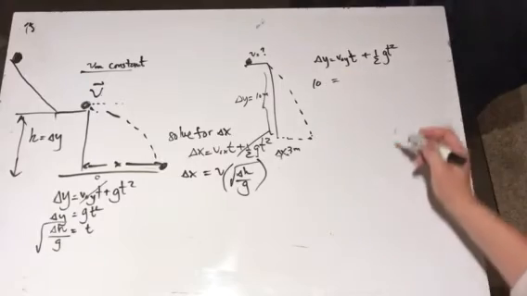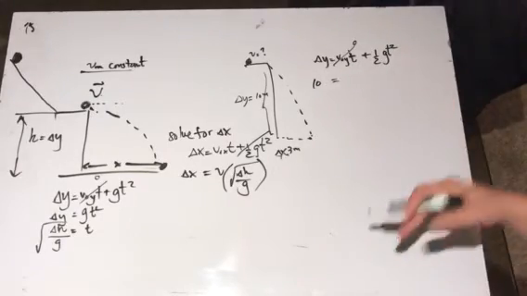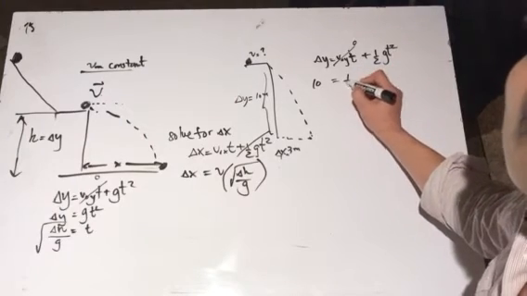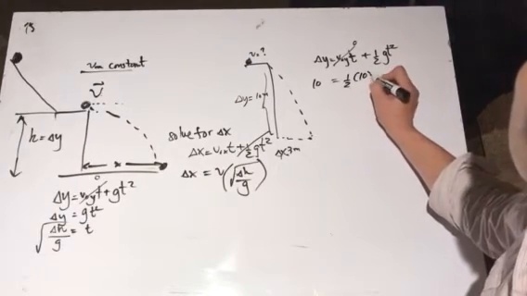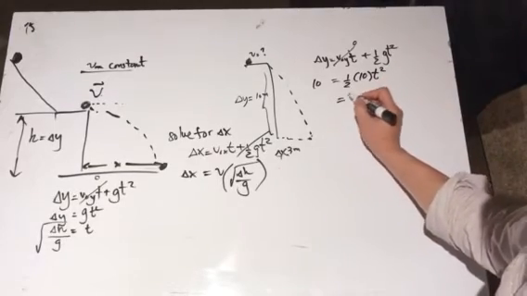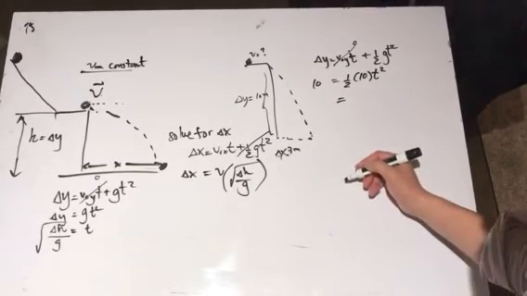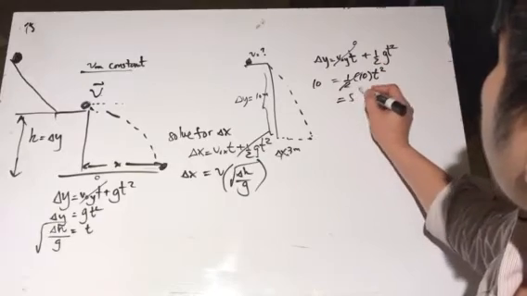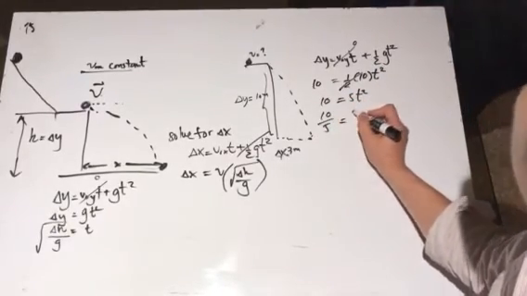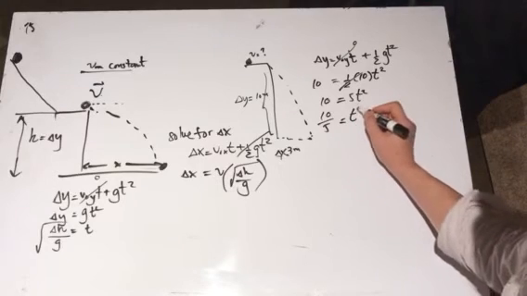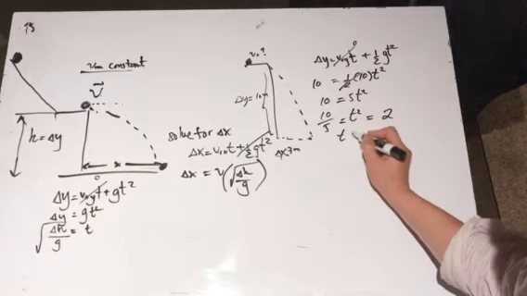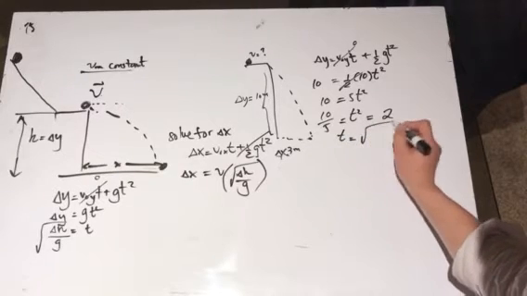That's 10. Remember, V0y is 0 because there's no initial movement in the y direction. So 10 equals 5 t squared, 10 divided by 5 gives t squared equals 2. So t by itself is the square root of 2.